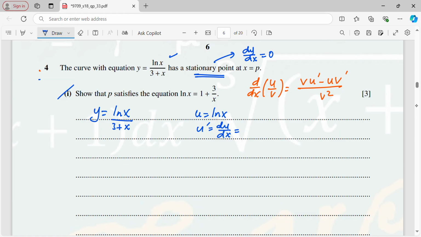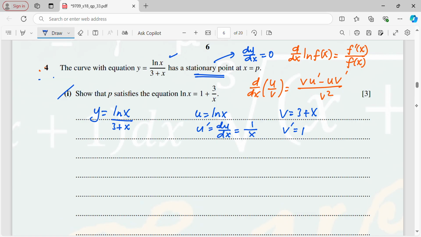When you need to differentiate ln, our next formula, differentiate ln f(x), that is basically over f(x), then the numerator is f prime x. So which means now here I will write over x first, because after the ln, that is the x. So when you differentiate x, you get 1. Then now the v is going to be 3 plus x, which is our denominator. So the v prime will be 1, because differentiate 3 is 0, differentiate 1x is 1.